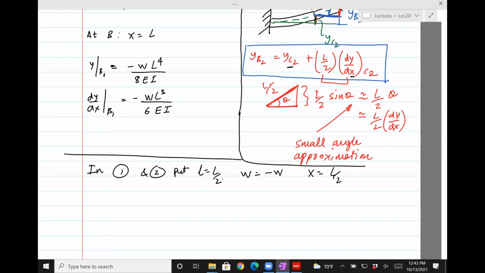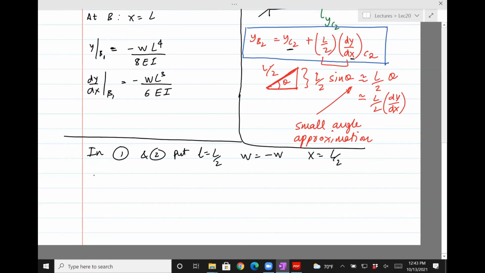Okay, so subbing in the values, I get Y at C2 equals, sorry, let me write the dy by dx first. It's WL cubed divided by 48 ER.